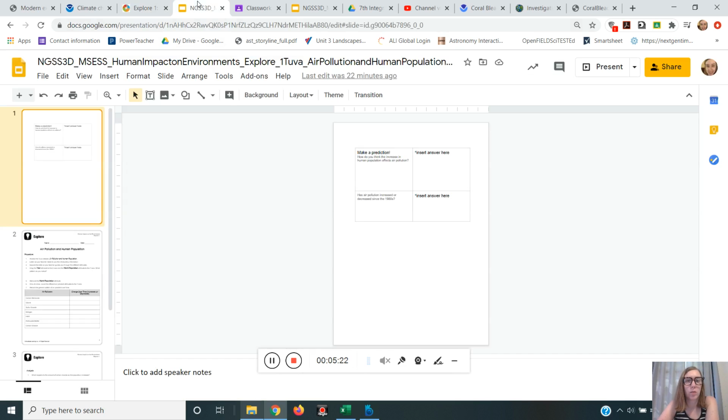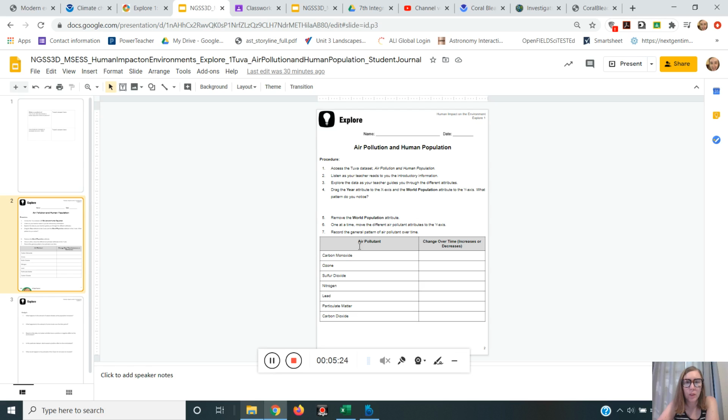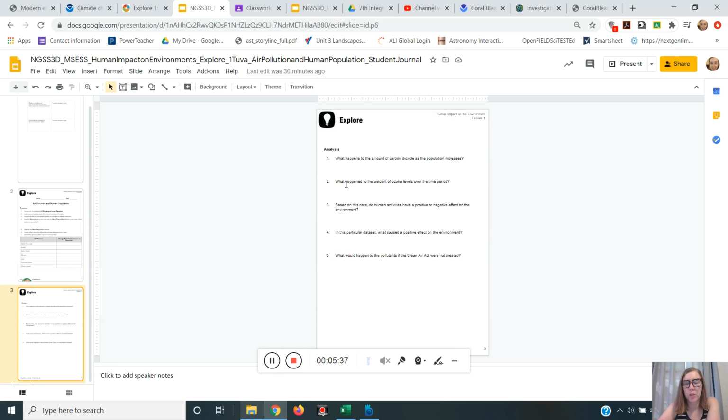Okay, so then you're going to go ahead and fill all of those out, from carbon monoxide through carbon dioxide, on your chart. So record the general pattern that you see, and then you have 5 questions to answer. Okay, so what happens to the amount of carbon dioxide as the population increases? What happened to the amount of ozone levels over the time period?